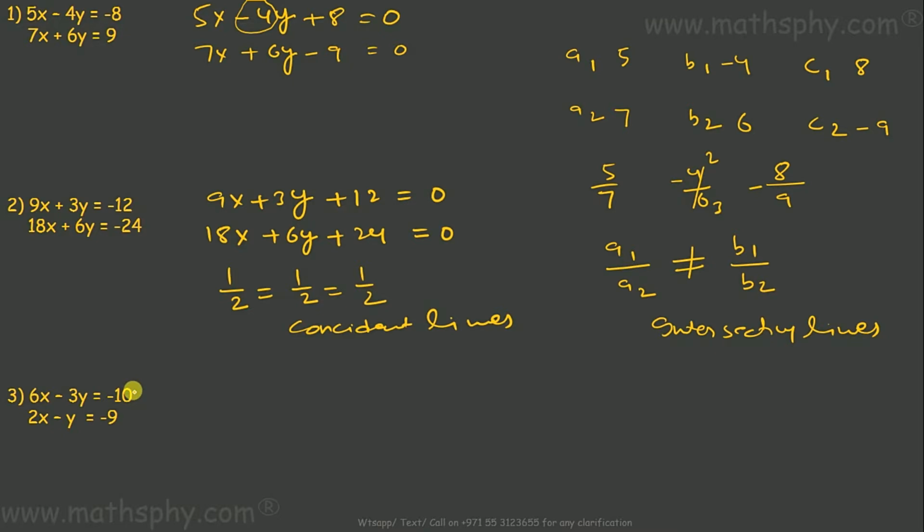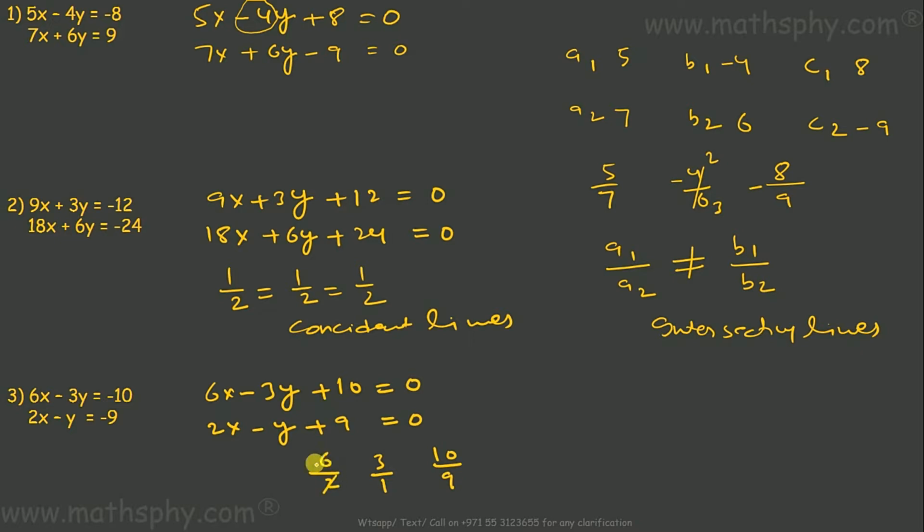Let's look at this one here: 6x minus 3y plus 10 equals 0, and 2x minus y plus 9 equals 0. a1 over a2 is 6 over 2, which is 3. b1 over b2 is negative 3 over negative 1, which is 3 over 1. c1 over c2 is 10 over 9.